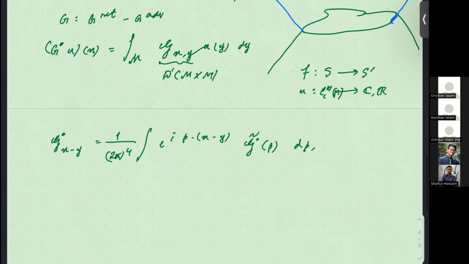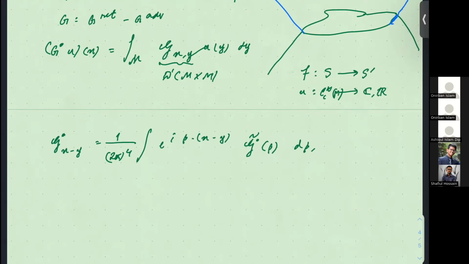This is subject to the condition that (p squared minus m squared) g tilde equals 1.